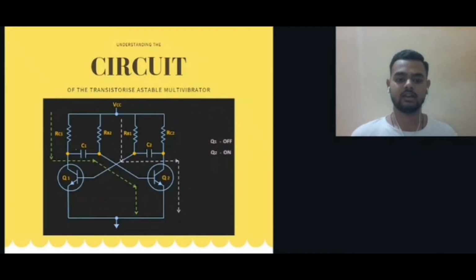So due to this negative voltage, Q2 will turn off. So in this way, the state of the multivibrator has changed once again. That means now Q1 is on and Q2 is off. So in this way, the output of the astable multivibrator changes from high to low and low to high, and thus the cycle remains continuous.